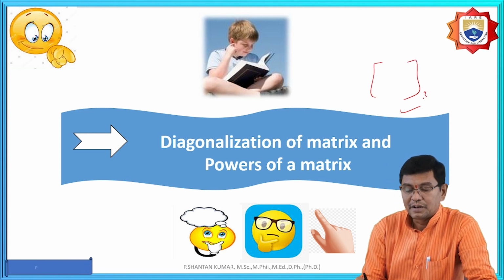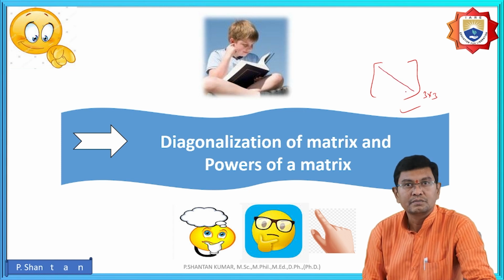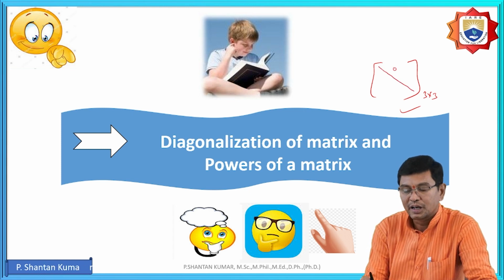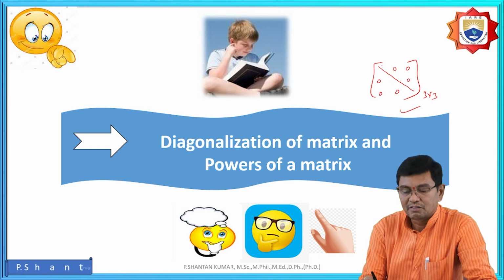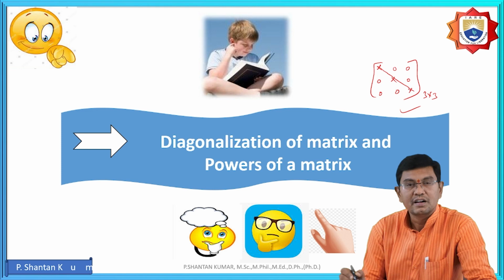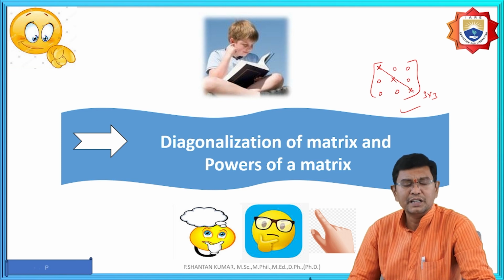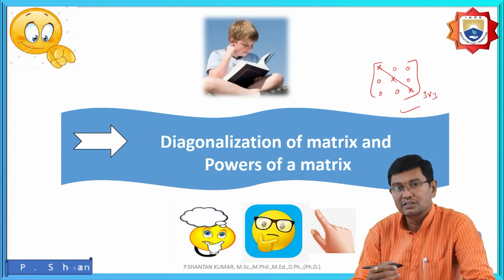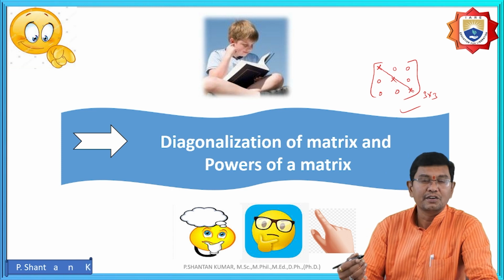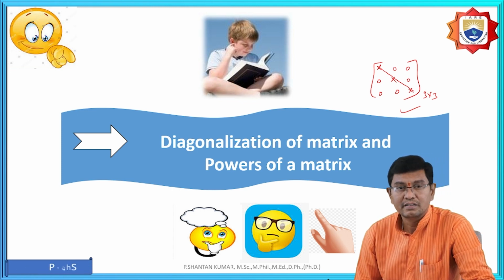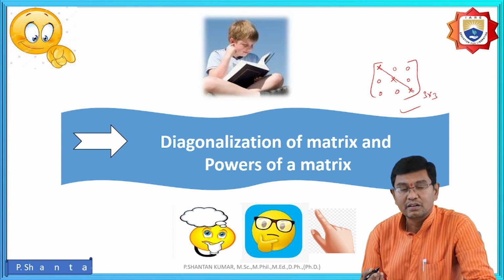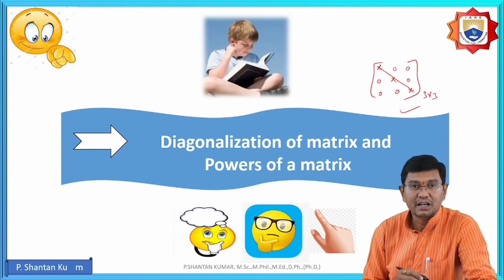If it is a 3 by 3 matrix, these are the diagonal elements, and the non-diagonal elements should be 0. Based upon the procedure, we need to reduce it so that the non-diagonal elements are 0, and the diagonal elements occur.